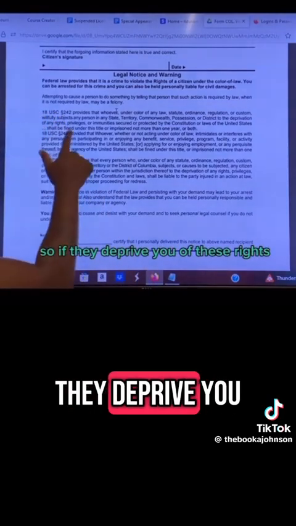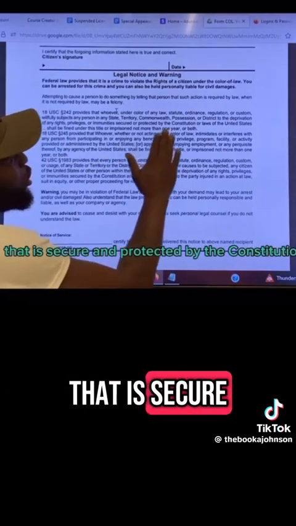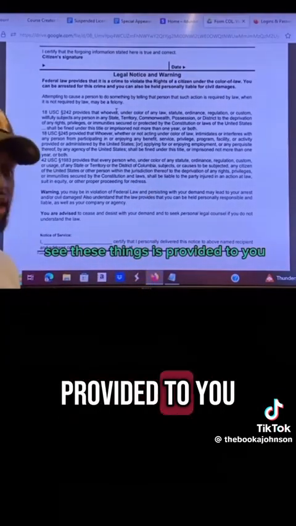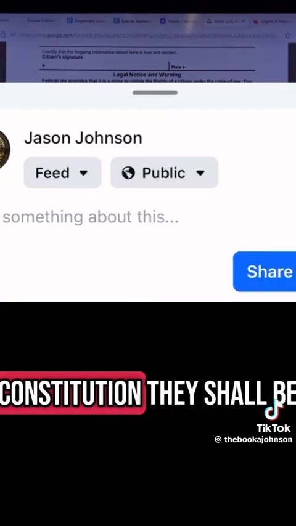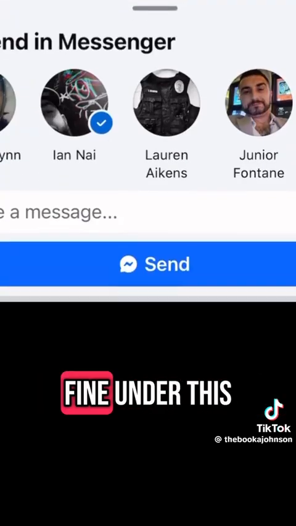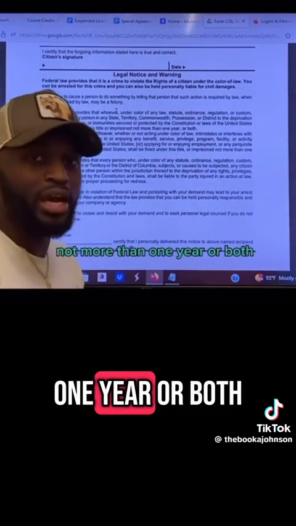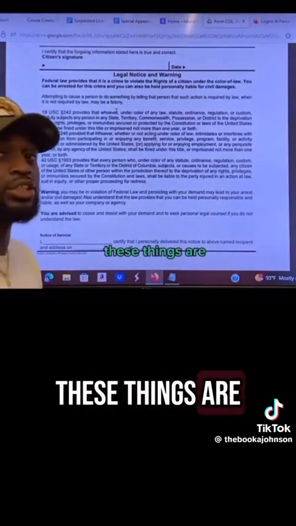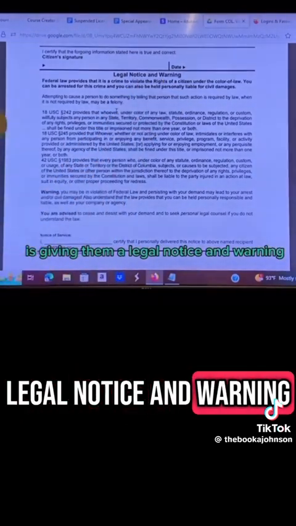So if they deprive you of these rights, privileges, or immunities that are secured and protected by the Constitution, see, these things are provided to you, protecting you from the United States and by the Constitution. They should be fined under this title or imprisoned not more than 1 year or both. That lets you know how serious these things are when they deprive you of it, and the color of law form is giving them a legal notice and warning.